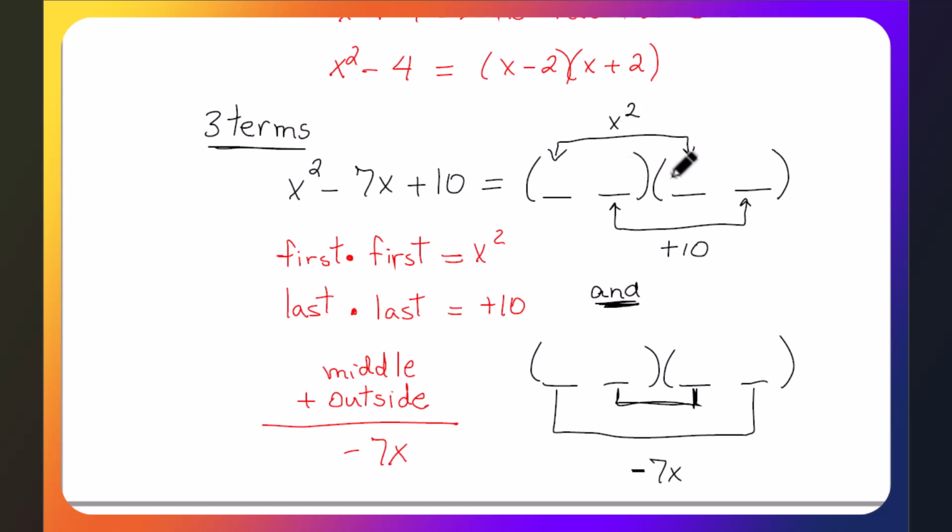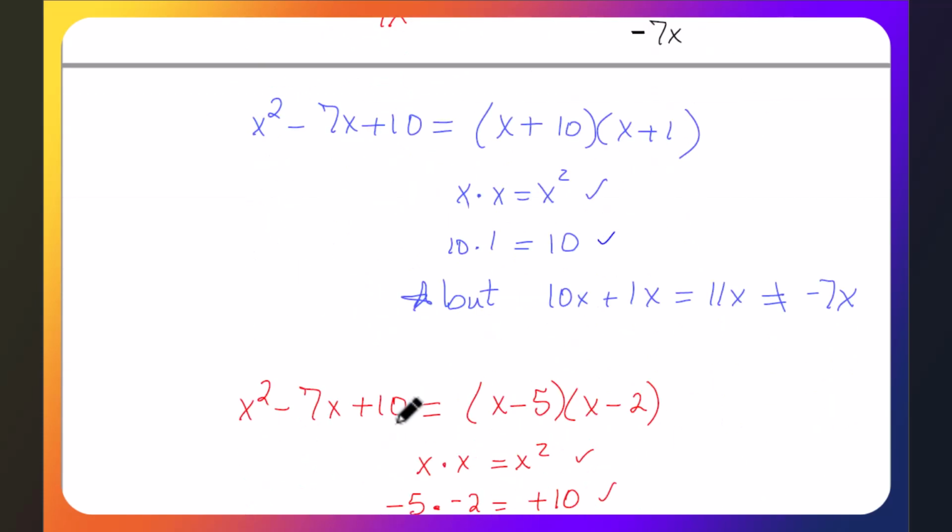The last times the last has got to give you this positive 10. And the hard part, if I combine the middle and I combine the outside, they have to add together to give you a minus 7x. All right, so let's take a look.